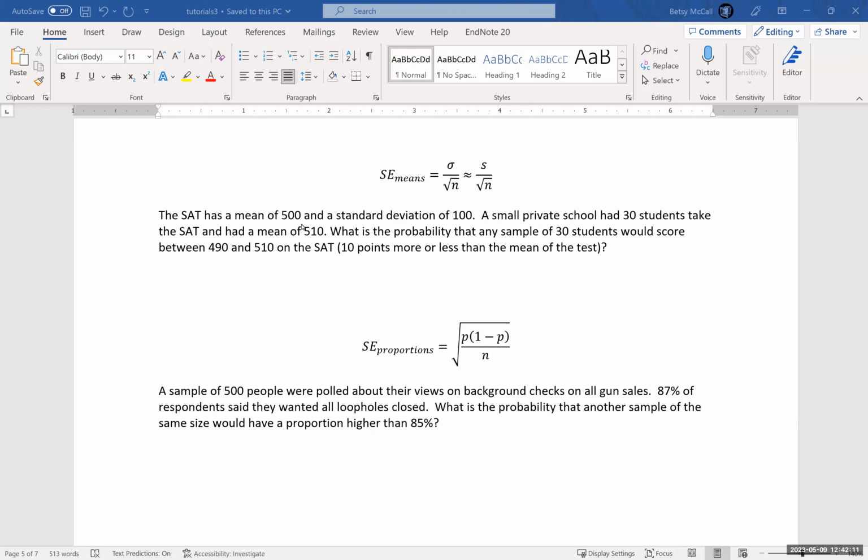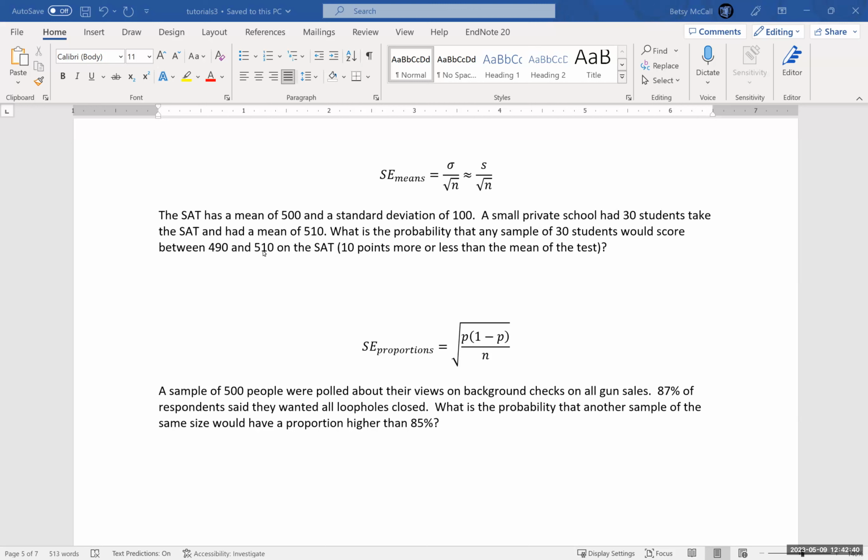The SAT has a mean of 500, a familiar problem, and a standard deviation of 100. This is sigma in this case, the population value. A small private school has 30 students who take the SAT, and they had a mean of 510. What is the probability that any sample of 30 students would score between 490 and 510 on the SAT?